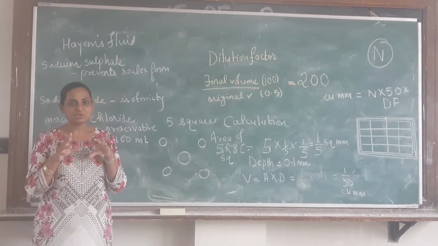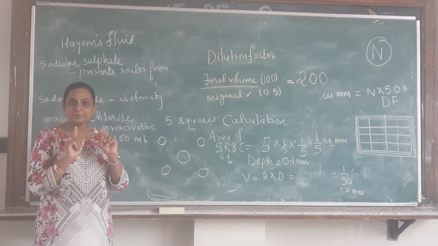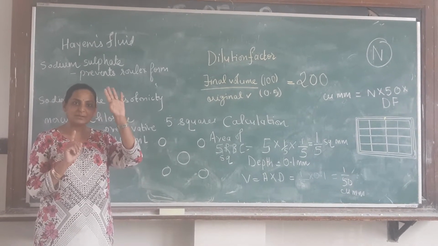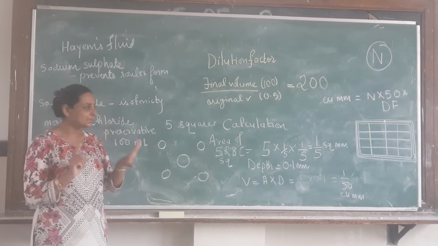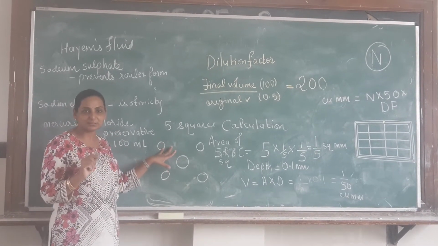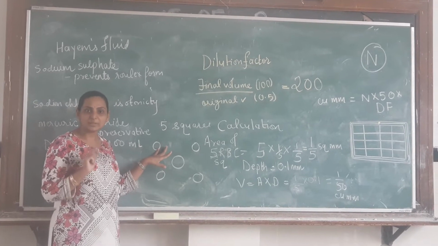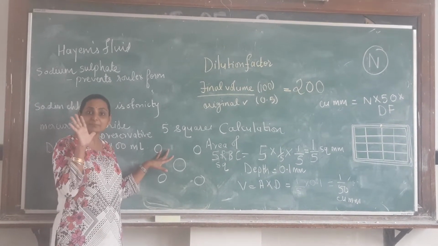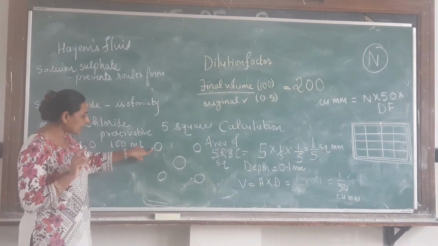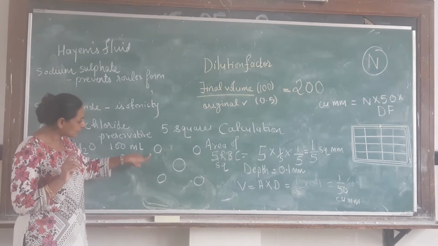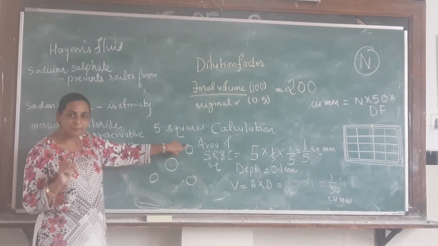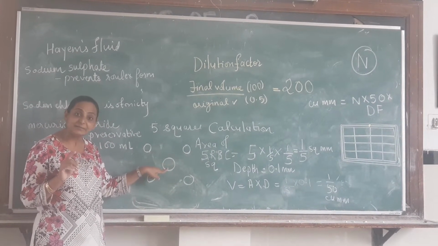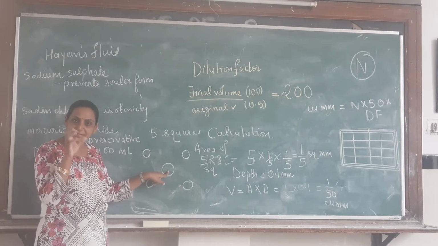Remember that the Neubauer chamber has got 9 squares. We used the right upper, right lower, left upper, left lower for WBC. We will use the central square for the counting of RBC, and there we have to count only in 5 boxes: right uppermost, right outermost lower, left uppermost, left lower, and the central one, which is the most central one.